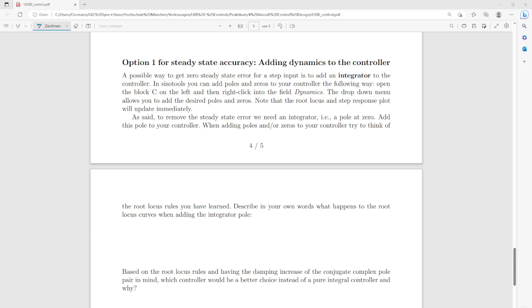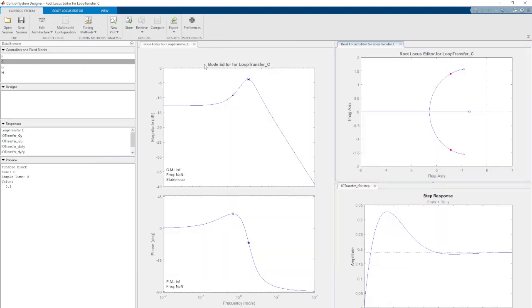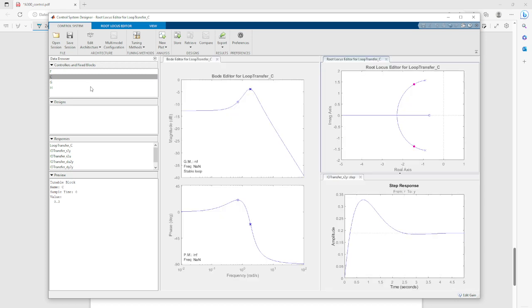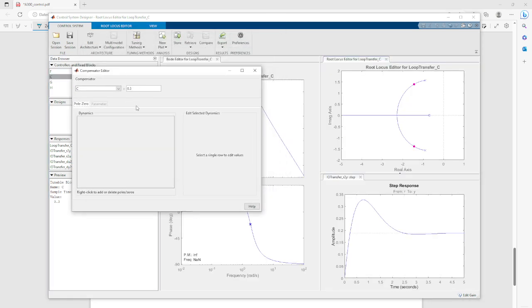Okay, so let's see how that works, right? So I'm here back with this CISO tool. We're going to open up our controller, which has a gain of 0.3, and now we want to add an integrator. Right? On paper, this would be quite some dramatic job to do. We need to recalculate everything, but we will see Matlab does it actually pretty efficiently.